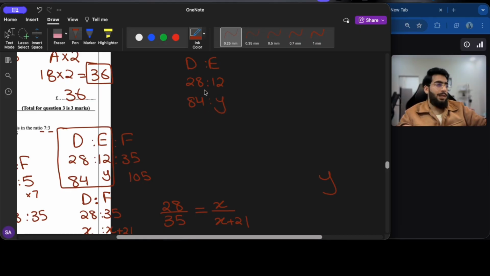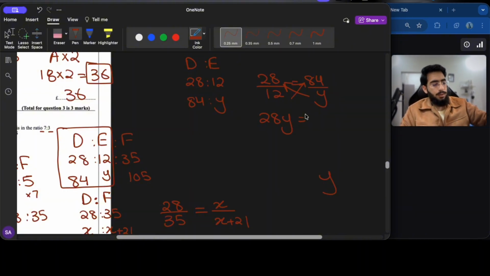So I can convert them back into fractions. So it will become 28 over 12 is equal to 84 over y. Now I can cross multiply, so it will become 28y is equal to 12 times 84. Let's see what that is. 12 times 84 is 1008.